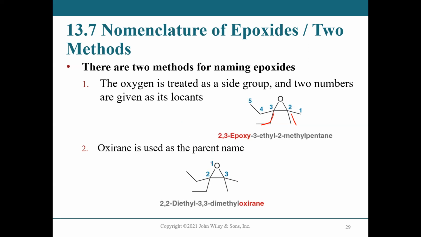You start your numbering from right here, 1, and then 2, then 3. So that's why you have your 2,2-diethyl. You see your ethyl groups coming here, and at your 3 position, you have your methyl groups.